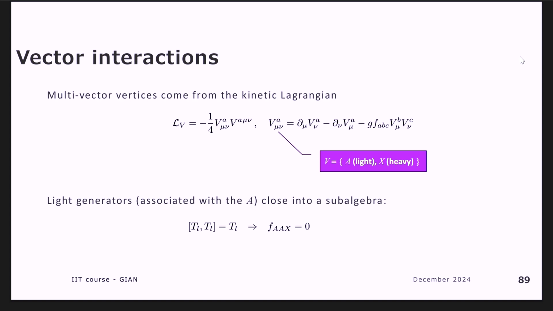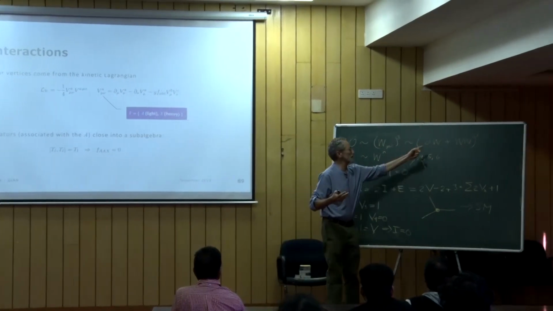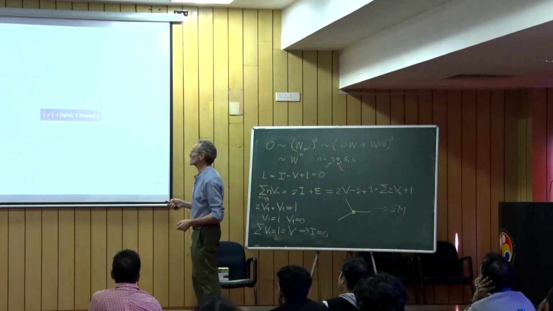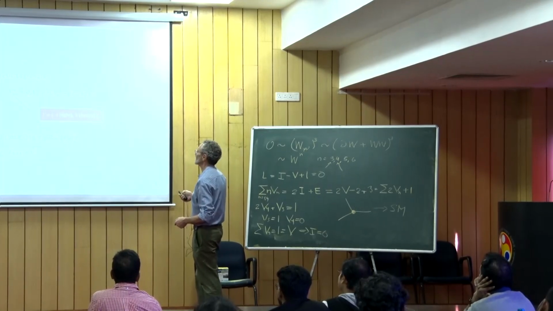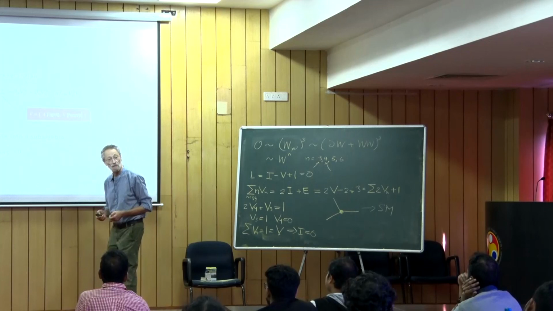The object that I'm looking at doesn't look like that. It's the cube of this guy, which has 3 gauge fields and 3 derivatives. The one that can be generated at tree level has 1 derivative and 3 gauge fields, missing 2 derivatives, if you wish.